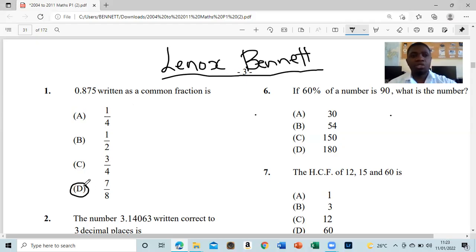Guys, at times you don't necessarily have to work it out, but if we were to work it out, we would convert this to 875 over 1,000. But we don't necessarily have to do all of that because these are less than 0.875. We know these fractions by heart, so we can just proceed.